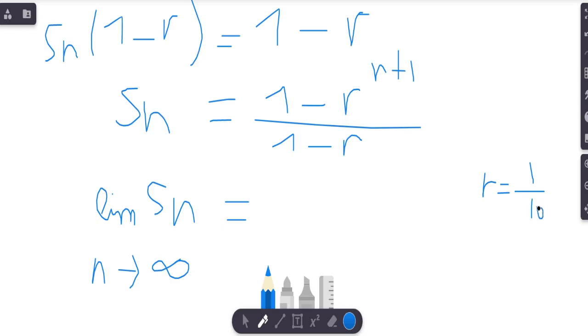That is strictly inferior to 1. So when you put 1/10 to the power of n, when n goes to infinity, r to the exponent n plus 1 will go to 0.